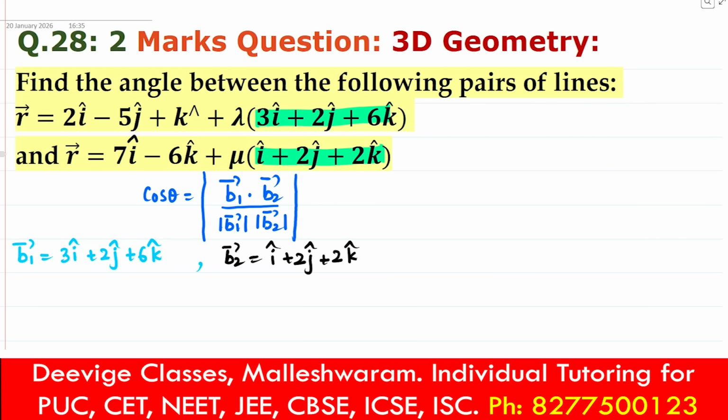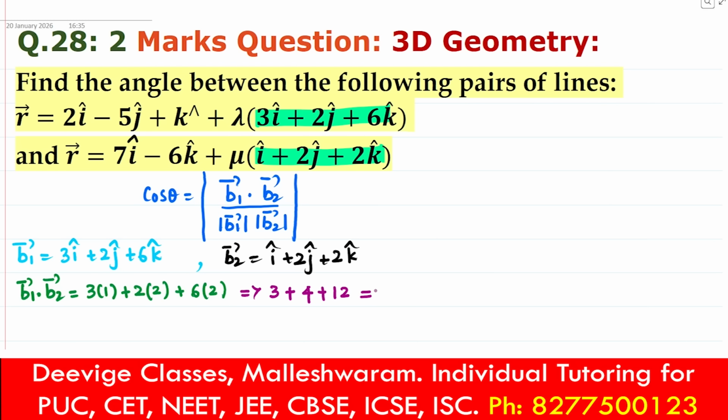Okay, this is our b1 and this is our b2. First we have to find the dot product between these two vectors. We know how to find the dot product of vectors because we already solved problems based on vectors. b1 dot b2 is equal to 3 into 1 plus 2 into 2 plus 6 into 2, which is 3 ones are 3 plus 2 twos are 4 plus 6 twos are 12.